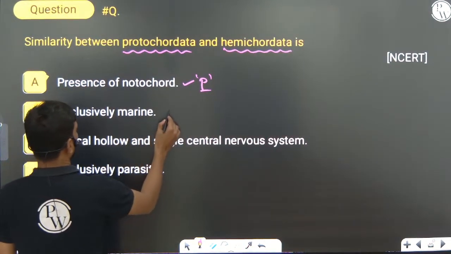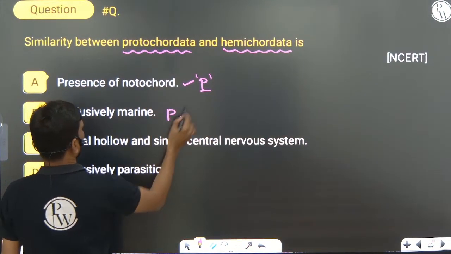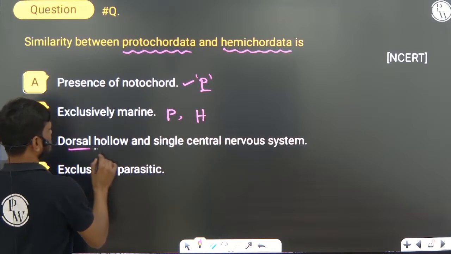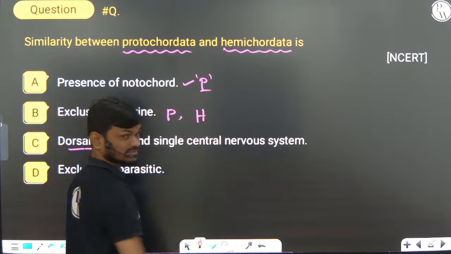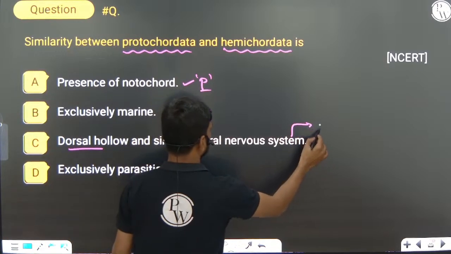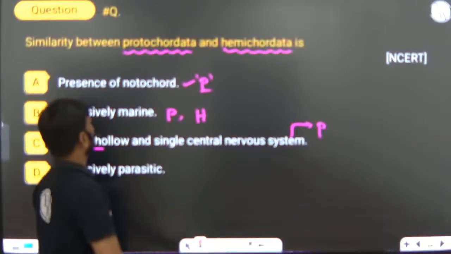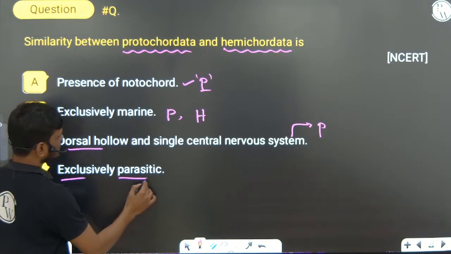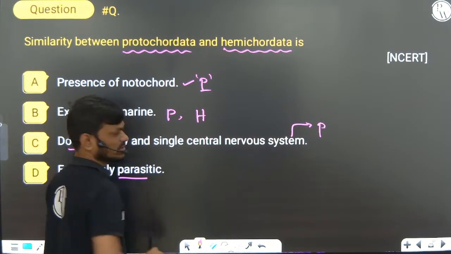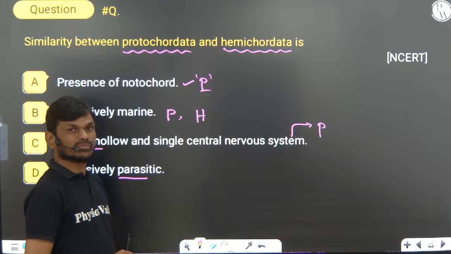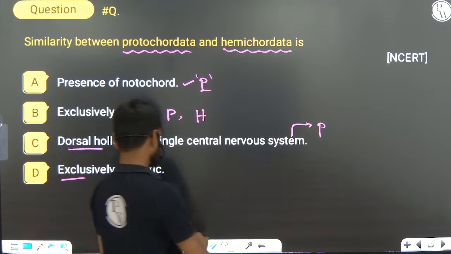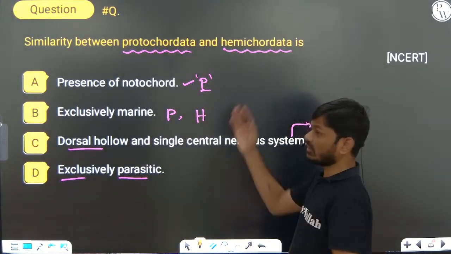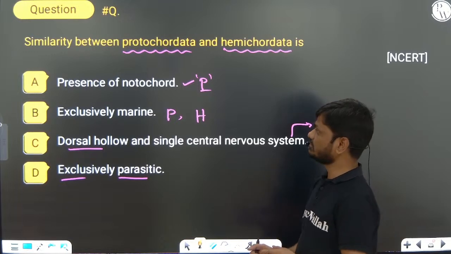Exclusively marine belongs to Protochordata, and Hemichordates are also exclusively marine. Dorsal hollow single central nervous system is a characteristic feature of Protochordata. Exclusively parasitic: no, they are free living also. Maybe some are parasitic, but no exclusively parasitic form.